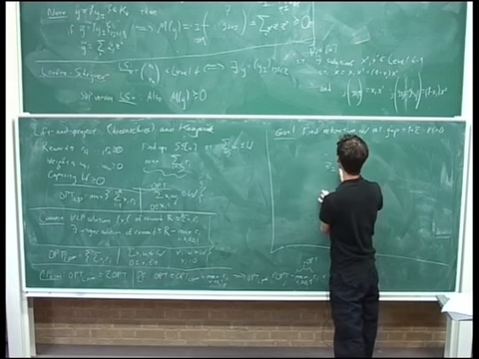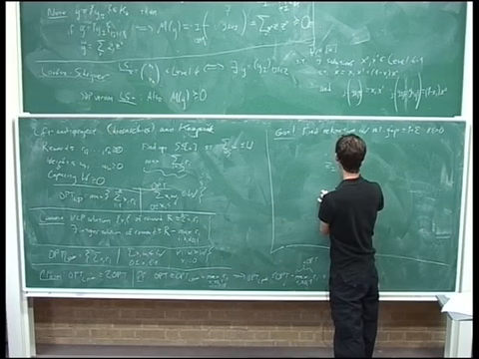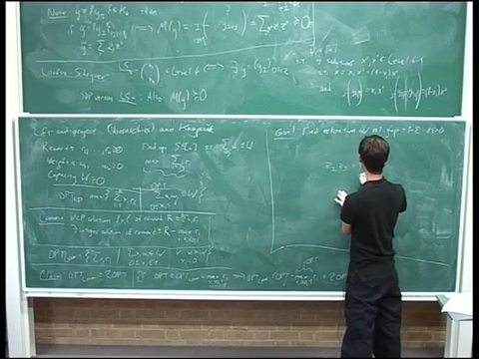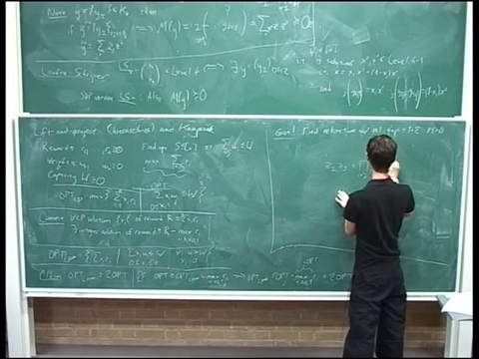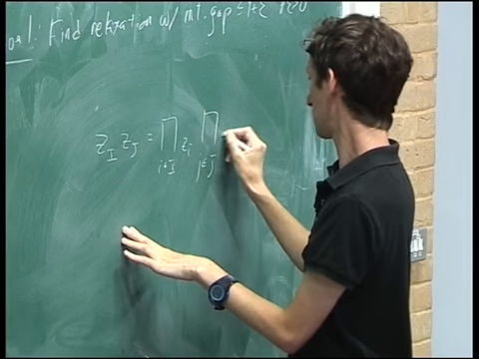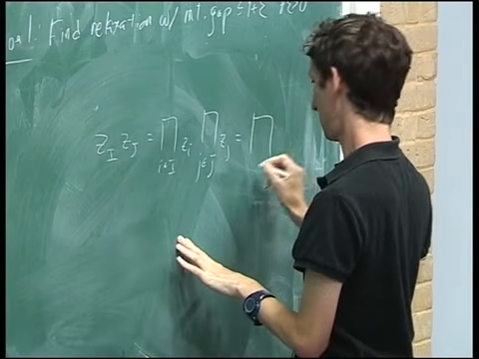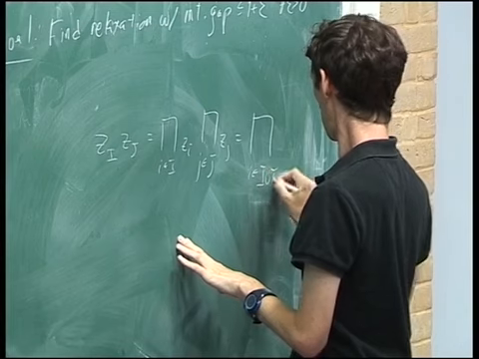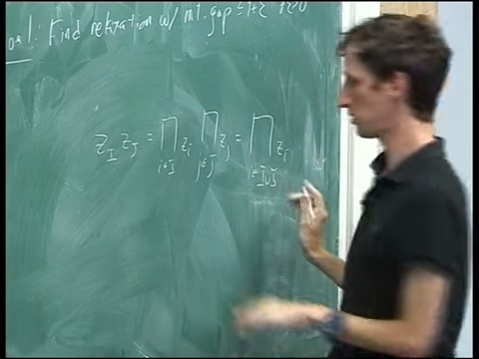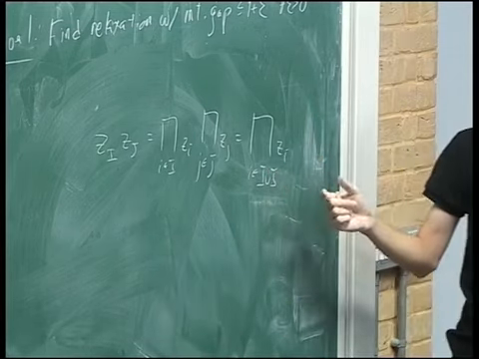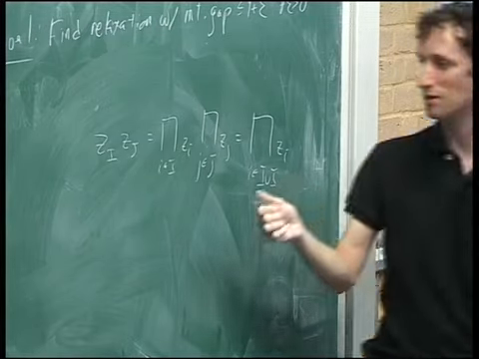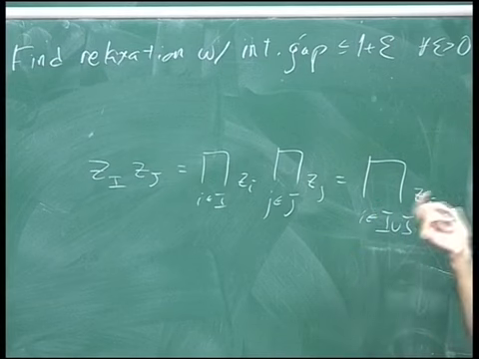Then z_i times z_j is just like this product, z_i times z_j. Basically, z_i squared is equal to z_i. Alternatively, it's always 1 unless one of these is 0.